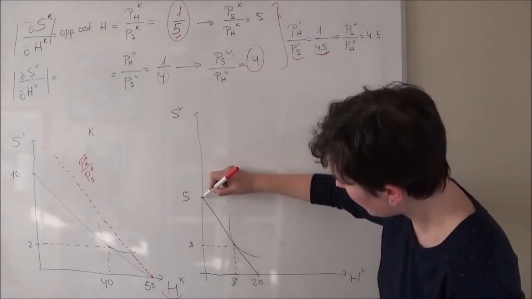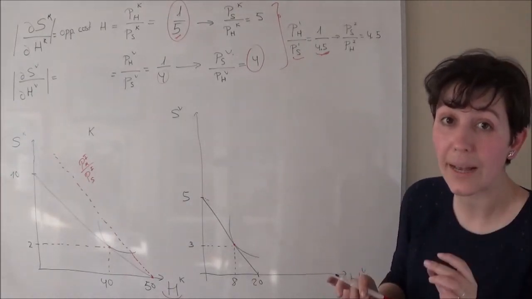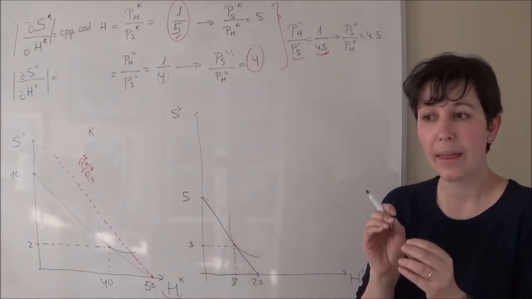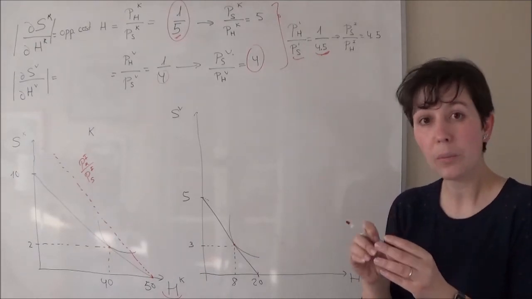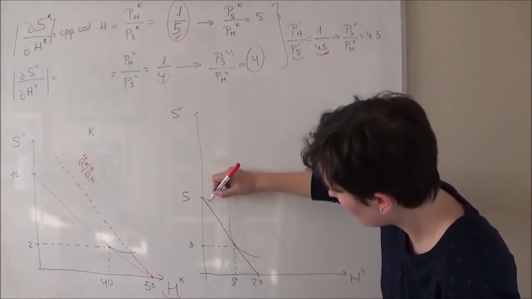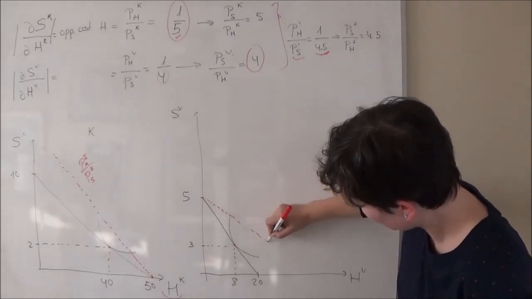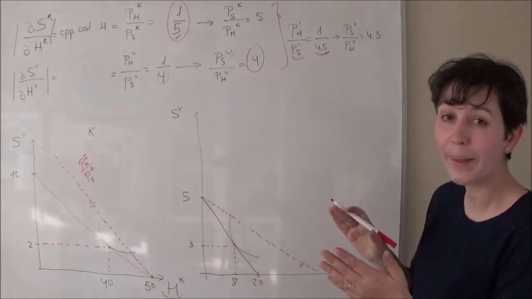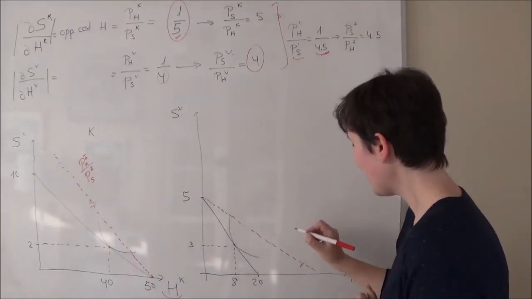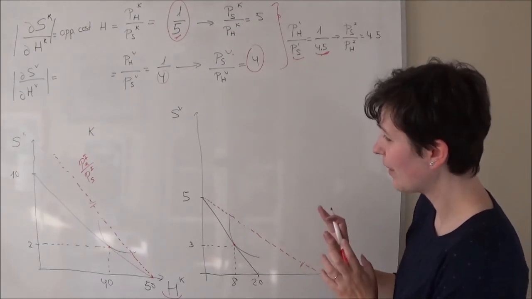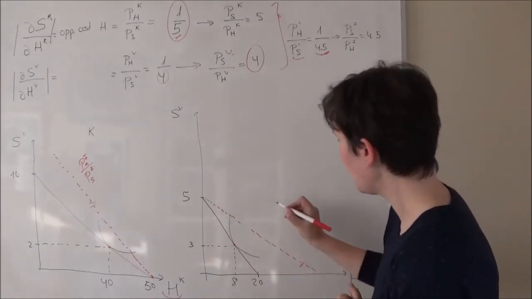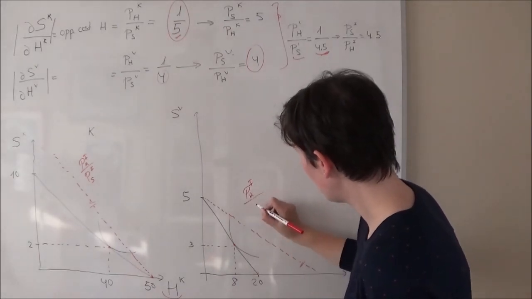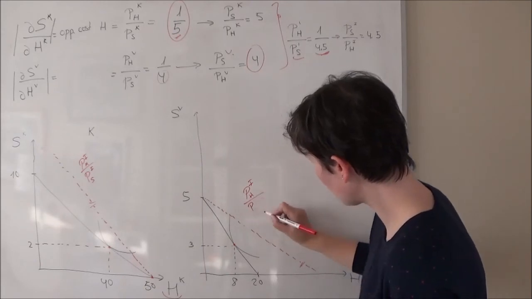So something, for instance, like this, because always it has to touch at least one point in the PPF, and always we are going to get that point which is possible and is the biggest one, okay? So here. In fact, this line and this line should be parallel, but in my case it's not really the case, but they should be, okay? So here we have the same value, that new international relative price of helmets, okay?